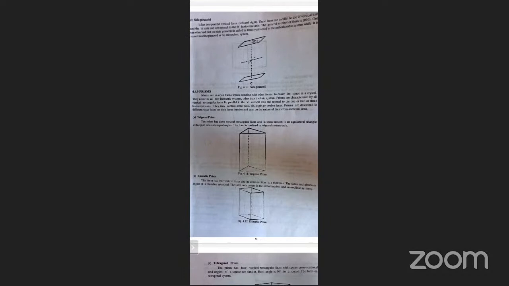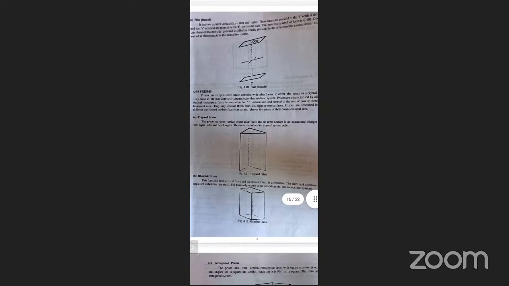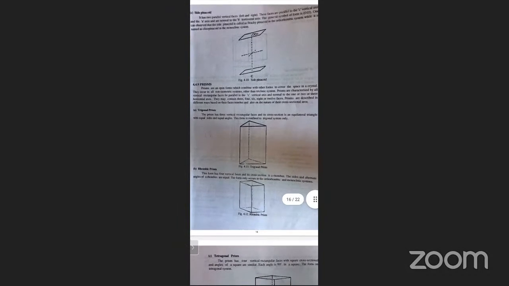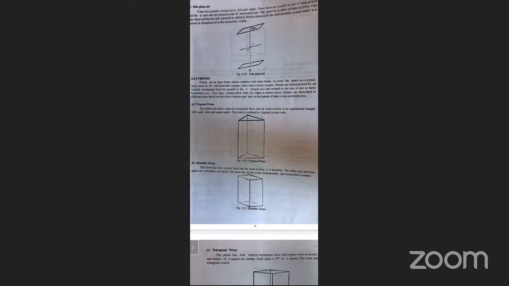Prisms are characterized by all the vertical faces lying parallel to the C vertical axis and normal to 1, 2 or 3 horizontal axes. They may contain 3, 4, 6, 8, or 12 faces. The prisms are described in different ways, based on their face numbers and the nature of the cross-sectional area.